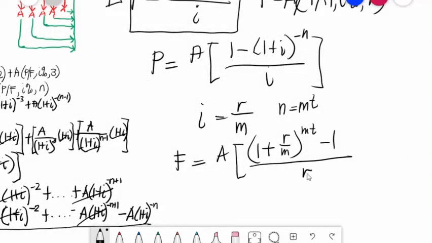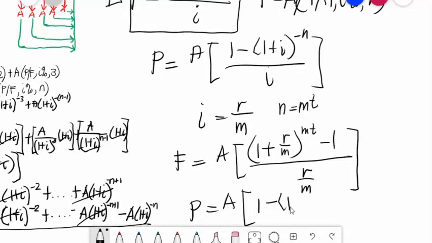And P is equal to A times (1 minus (1 plus i, same, where i is r over m) raised to negative mt) divided by r over m.